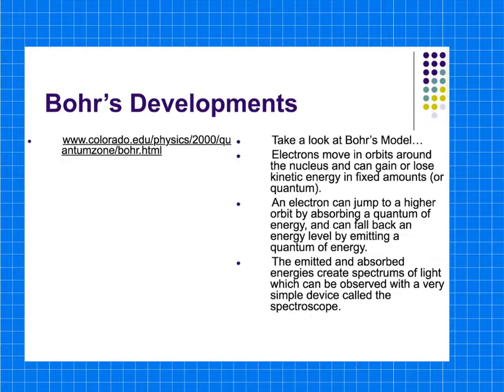So one of the really cool things that we do is we can see this with the spectroscope. So you'll see that there's a box of spectroscopes. They're little black triangle looking devices, and the box is labeled spectroscopes. Grab one, and I want you to look into it from the smaller or narrower end.